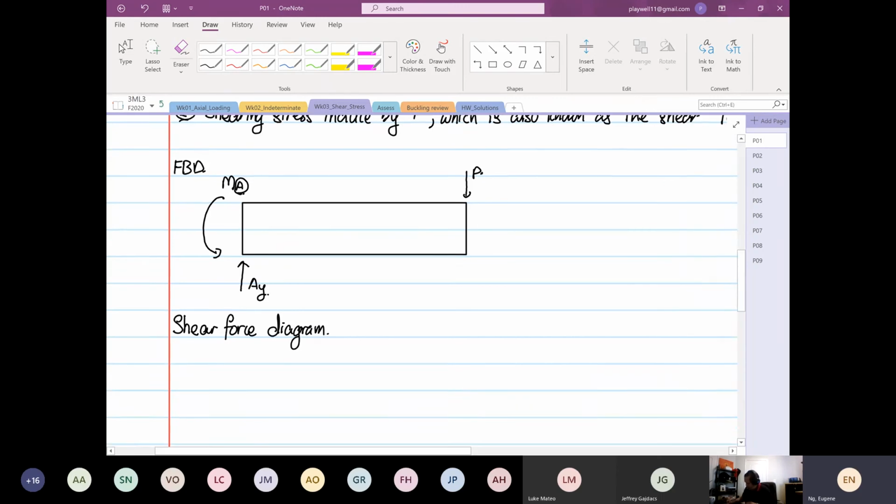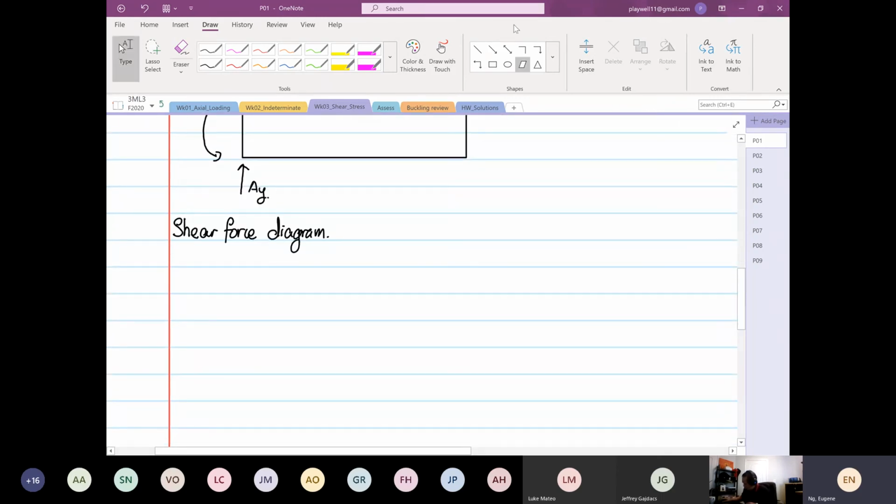Okay, we'll get more of this. So if you look at the shear force diagram, what we have down here in terms of shear force diagram, we're going to see this, okay?